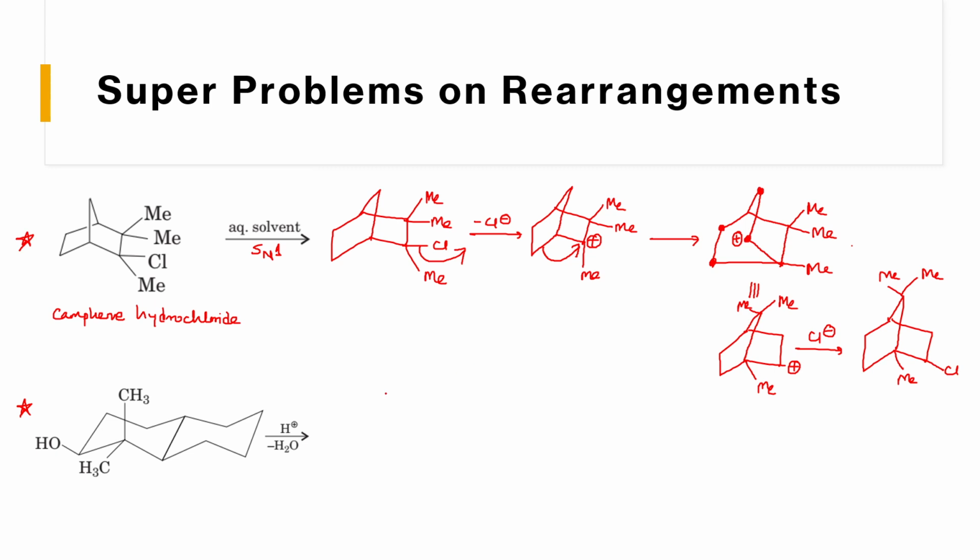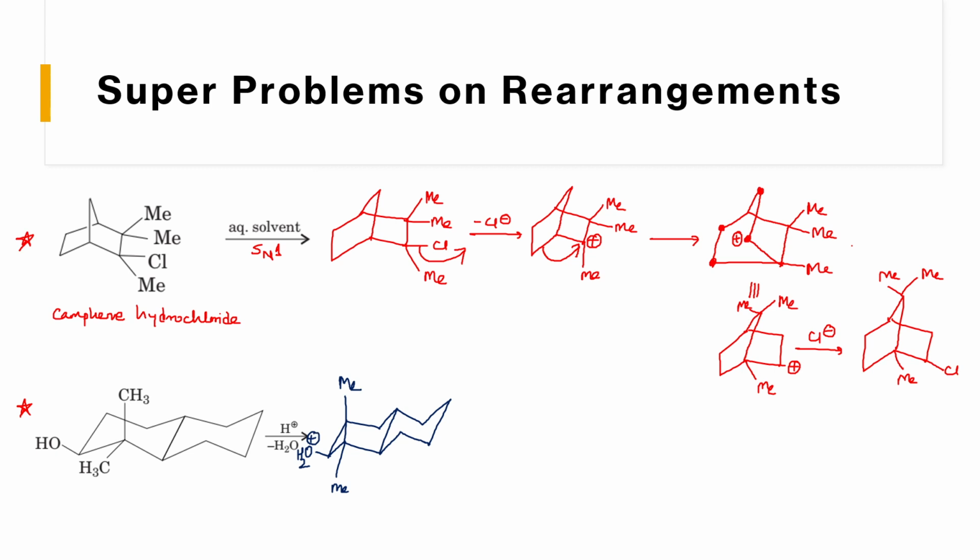So the moment you react OH with H plus, तो आपके पास कुछ इस तरह का एक सिस्टम बन जाएगा. Now there is a methyl group over here. You will get OH2 plus.